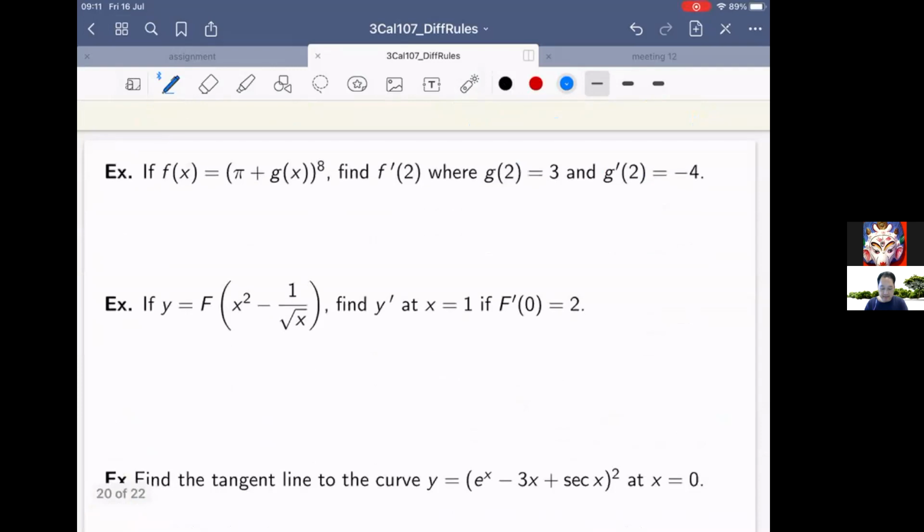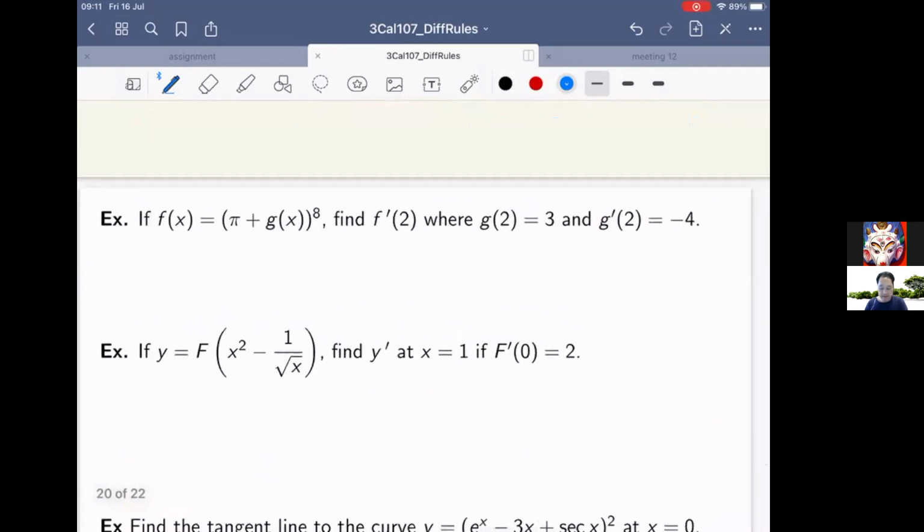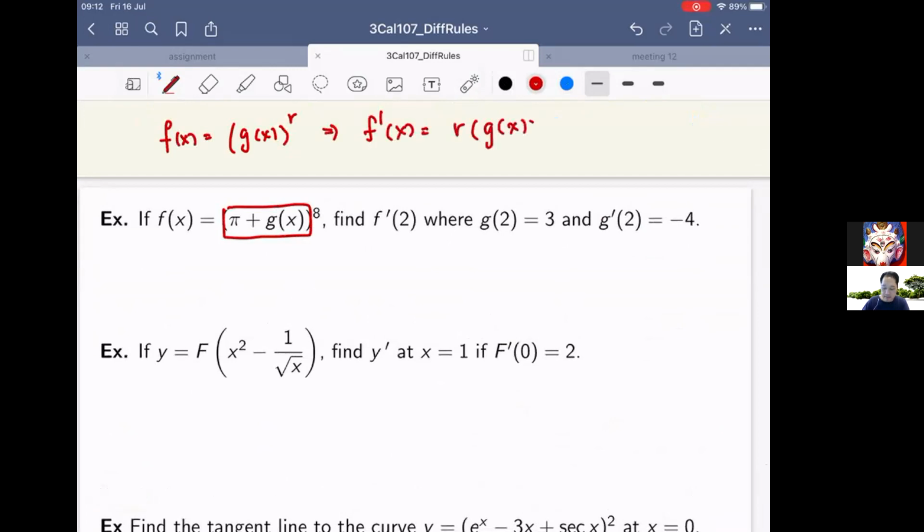Now let's look at this one carefully. Here is another one that you may see is a little bit complicated. From the formula you have g(x) raised to the power r. If this is your f, then your f prime is r times g(x) to the power r minus 1, multiplied by g prime.